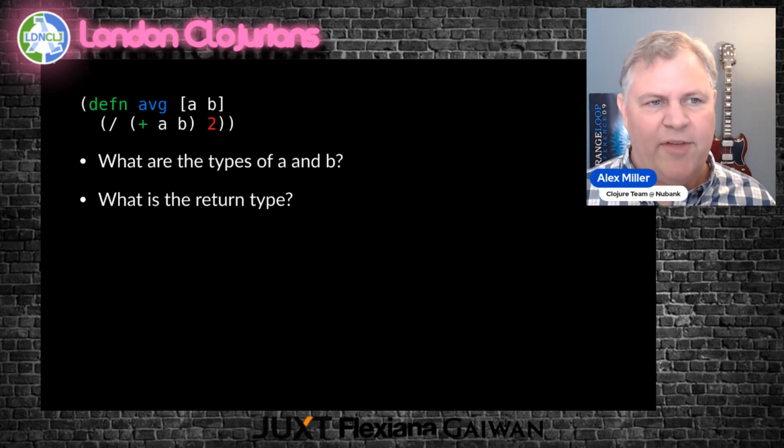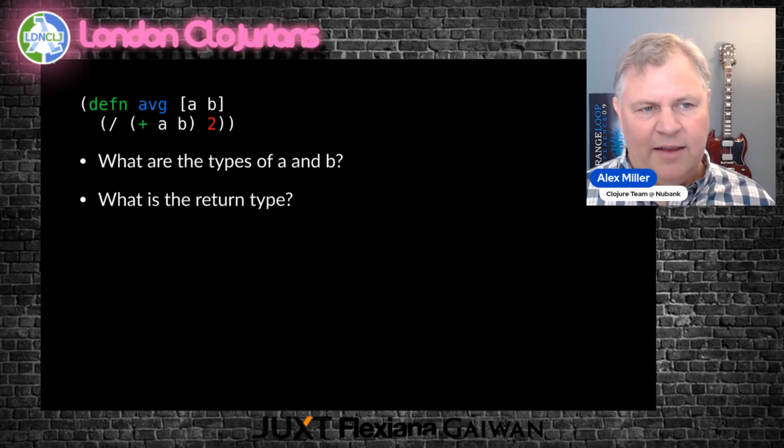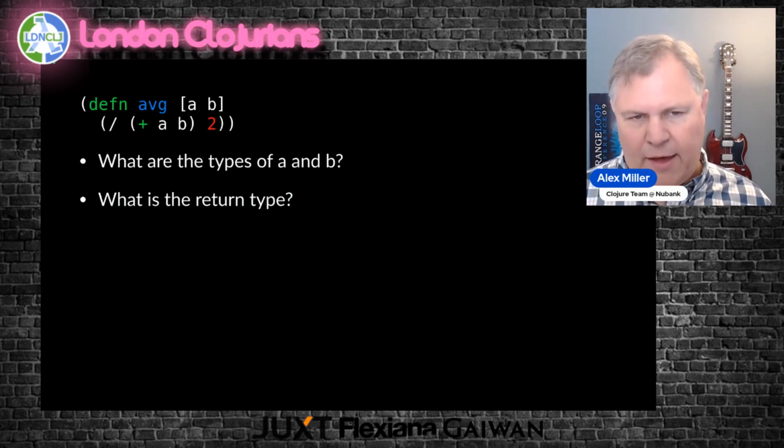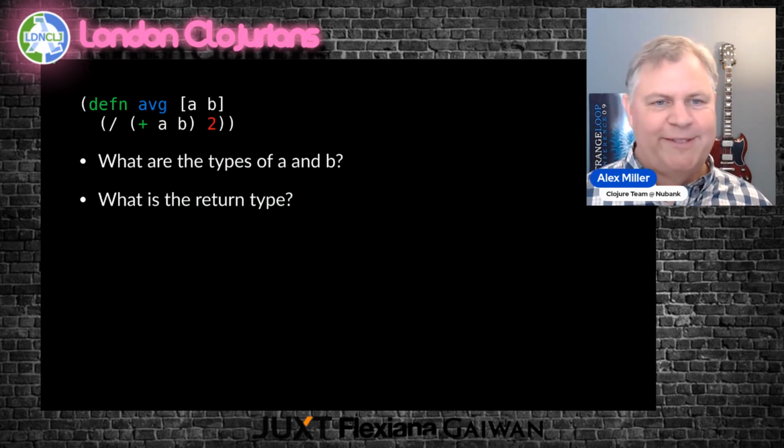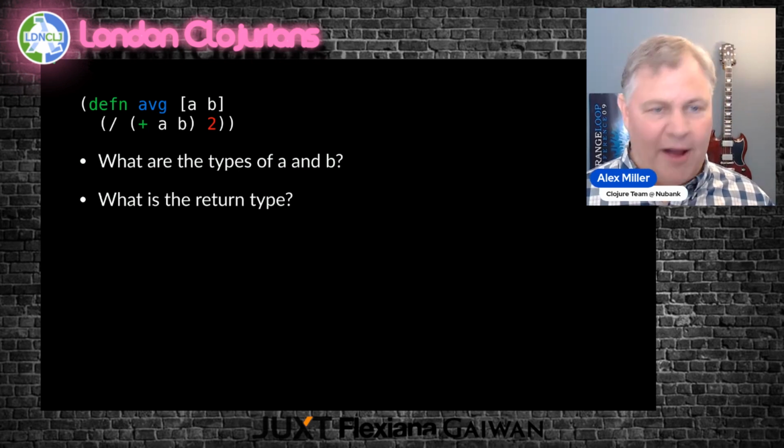So let me give you an example of that. Here, this average function takes a and b, and it's averaging those with some math. What I just said was Clojure functions always take objects and return objects. So the types of a and b are object, and the return type is object.